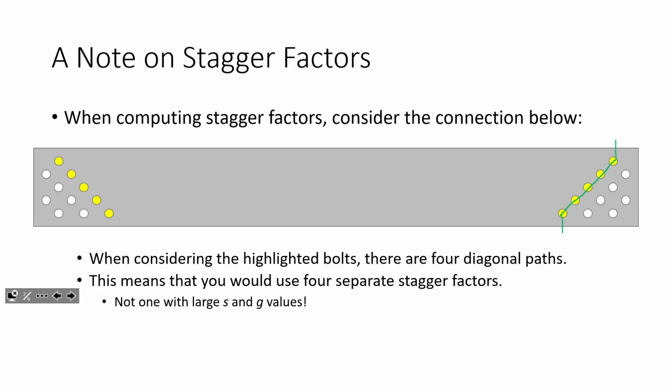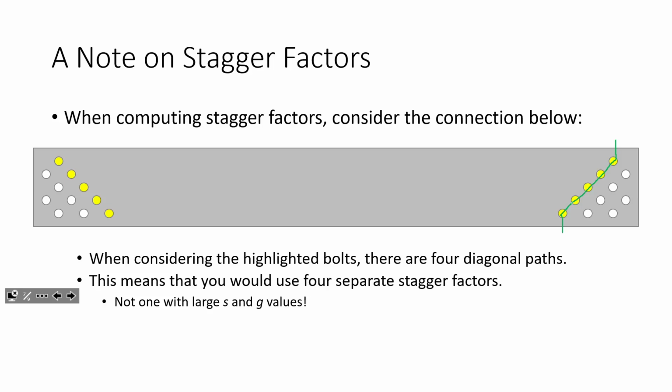If I was trying to use this formula right here, I would say the gross area minus how many bolts? How many bolts would I subtract from that path? 4, or is it 5? I miscounted, 5. No, that's fine. So the gross area minus 5 bolt holes.